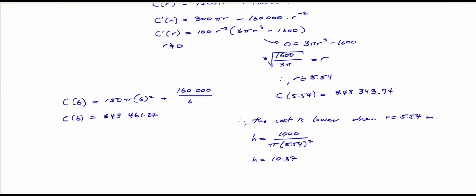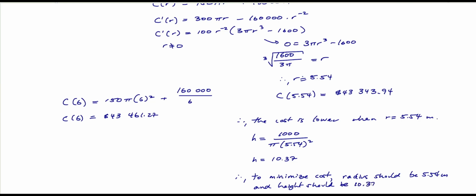In order to minimize the cost of the materials, therefore, to minimize cost, radius should be 5.54 meters and height should be 10.37 meters.